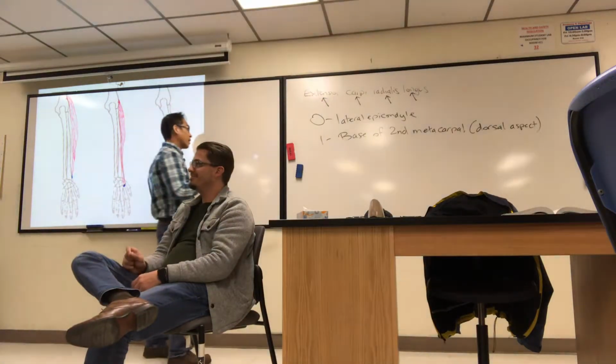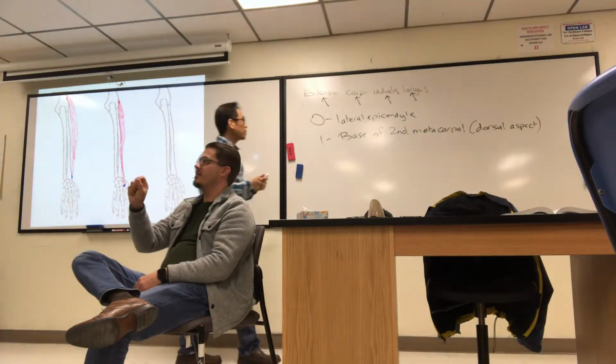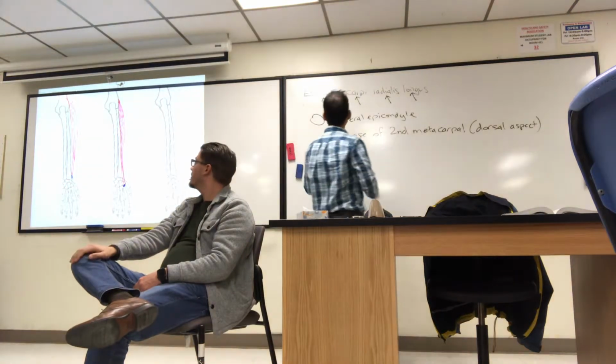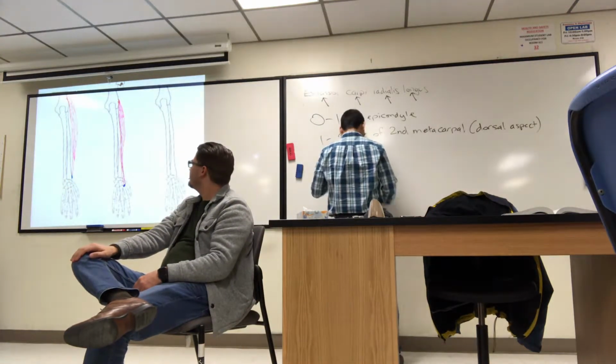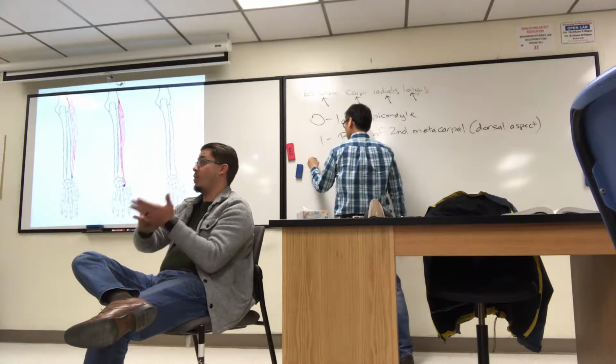Extensor carpi radialis longus. Next muscle, extensor carpi radialis brevis. Let's write it all out again, because I think you need to practice.